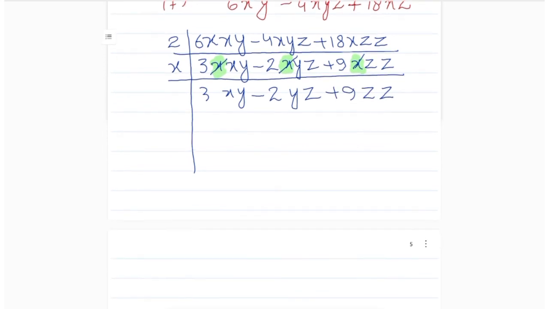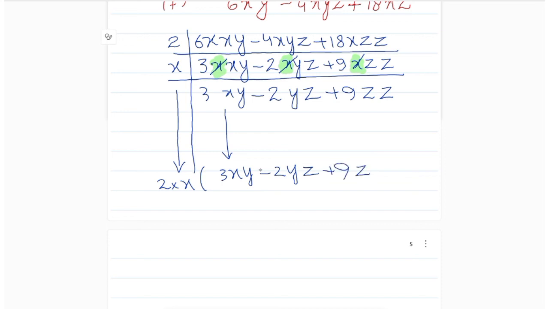And now no more variable is common and no more number is common. So that's why we have the answer as 2 times x, and in the bracket, that is 3xy minus 2yz plus 9zz. And we can write zz as z square now. So we'll be writing 2 times x is 2x, 3xy minus 2yz plus 9z square. So this is your factorization, which is your answer.